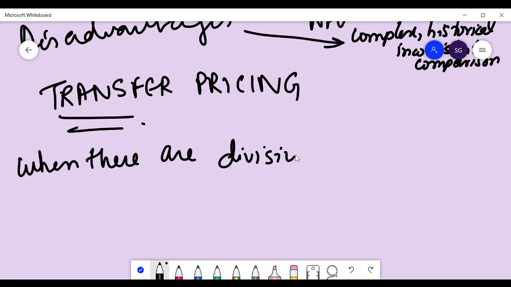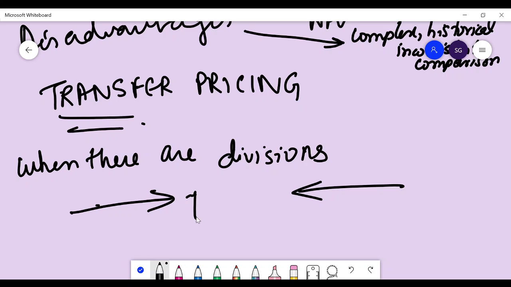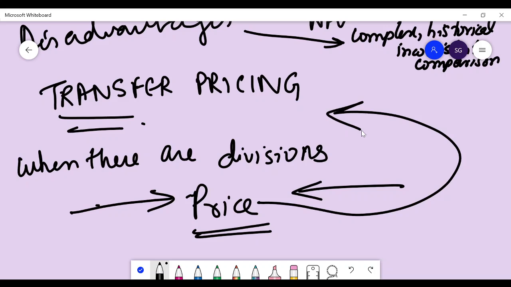When there are divisions and they supply goods to each other, the price at which these are transferred is based on transfer pricing. Why is this done? Because we have to control, to keep check on the amount of resources being used on that particular work done by a particular division.